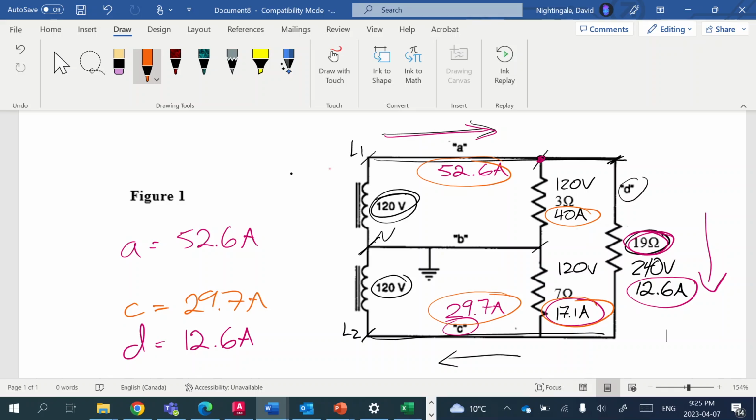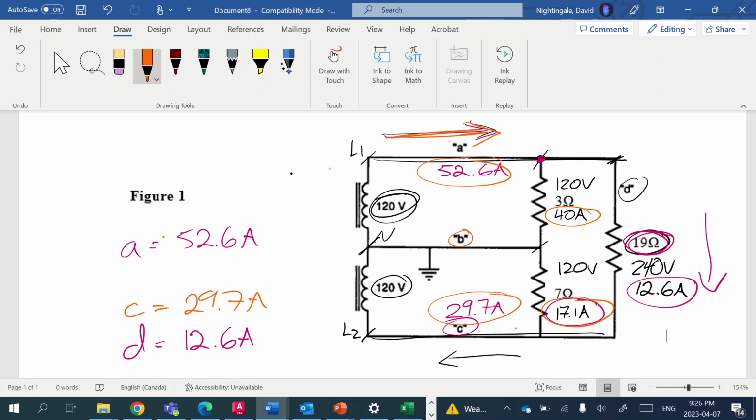Now, for B, through the neutral, if we have 52.6 amps flowing out of our source via line 1, we must have 52.6 amps flowing back into the source. Now, in this particular case, we got 29.7 amps flowing back into the source.